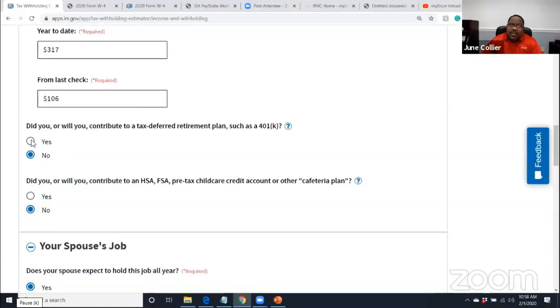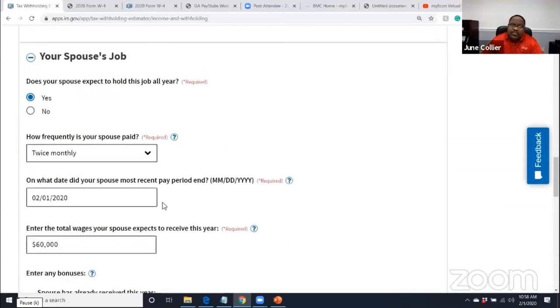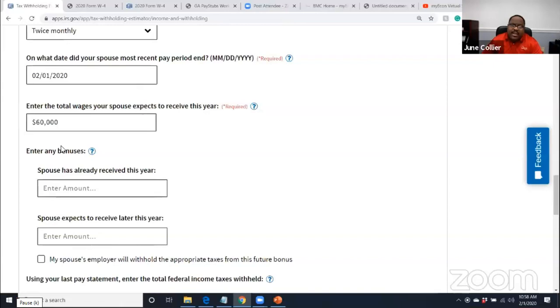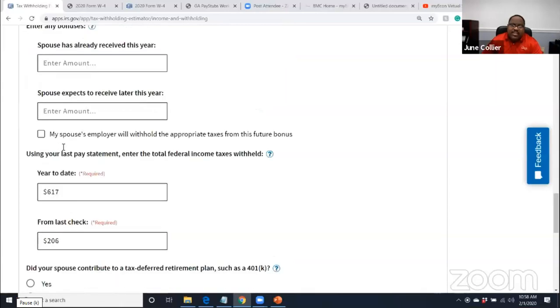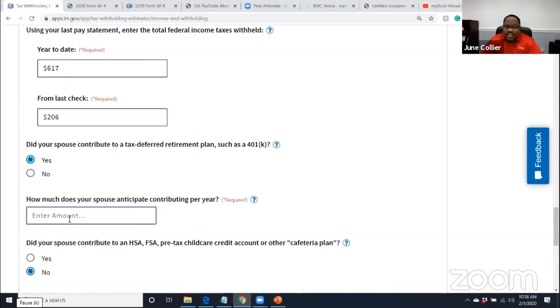They said no. But we're going to say yes. And we're going to just say that the husband and wife decide to put $3,000 into their 401k. So the husband puts $3,000 in his 401k. The wife comes down and she decides that she's going to invest in her 401k, and she puts $3,000 there.